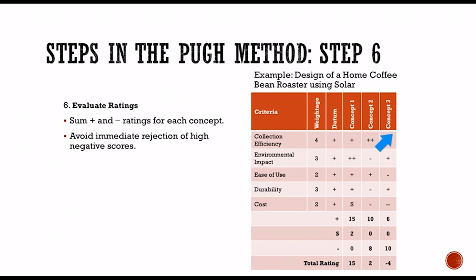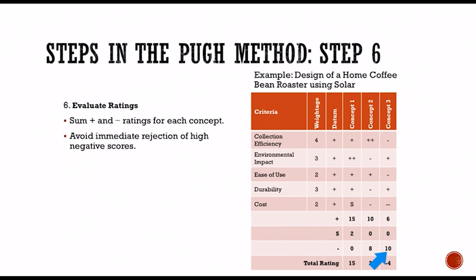And for concept number 3, it has 1 times with 4, so 4 negative here, times with 2 negative, so total 6 negative, and then there is a 2 negative here, so 2 minus times with 2, so here is negative 4. So negative 4 minus negative 2, 6 minus negative 4 is 4, so in total we 10.